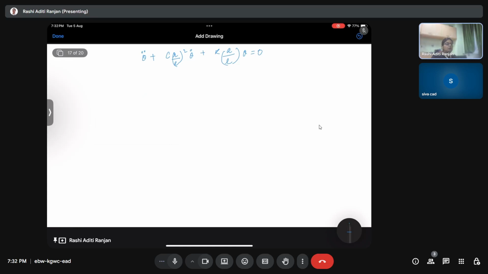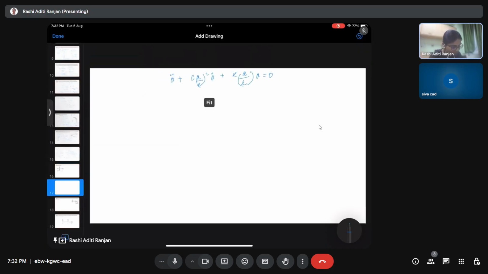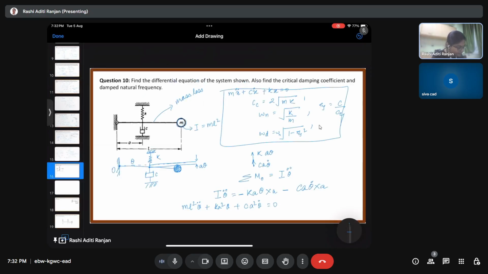Now, if you remember how were we actually calculating the value of Cc? It was twice the under root of m k, right? Now, if I try to find it out like that, how am I going to get it? See, over here, I have this as m effective and this as, sorry, k effective.